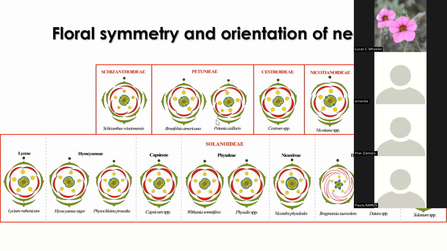What we have observed in most members of Solanaceae is that the lobed, symmetric kind of nectary was always associated with zygomorphic flowers, while the annular kind of nectary was associated with actinomorphic flowers. This is the correlation we found between floral symmetry, zygomorphy or actinomorphy, and the different kinds of nectaries.